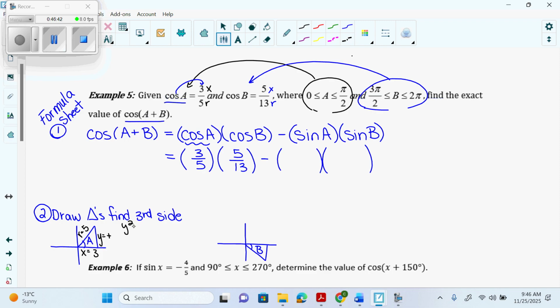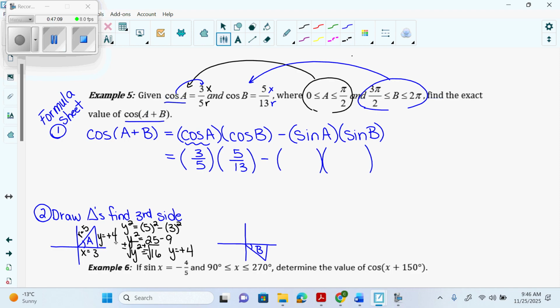Y squared equals 5 squared minus 3 squared. Y squared equals 25 minus 9. Y squared equals 16. Square root plus or minus. And because I drew the triangle, I know it is positive 4.